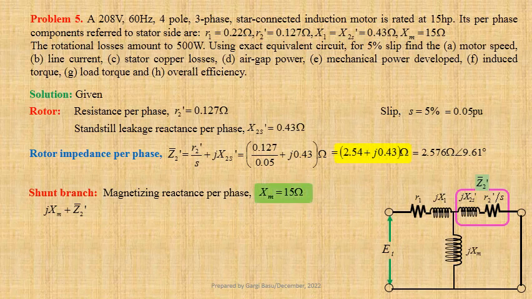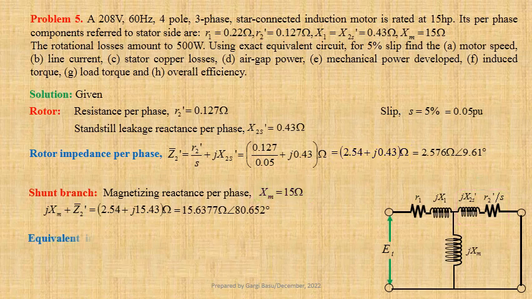Using values we get 2.54 plus j times 15.43 ohm. This may be written in polar form as 15.6377 ohm at an angle 80.652 degree.